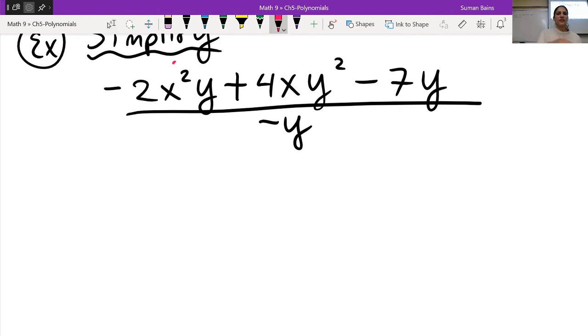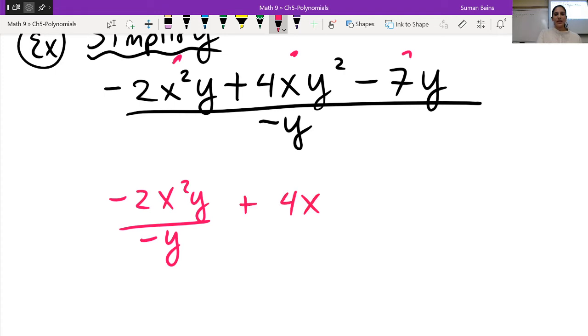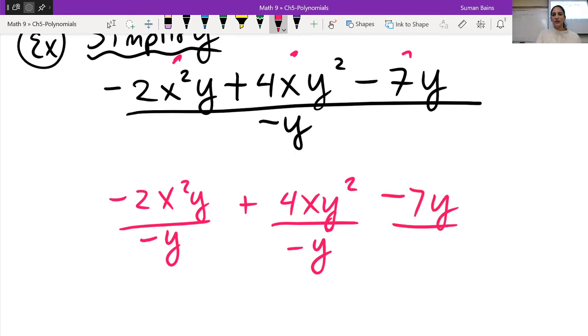So these three terms, we can rewrite it to say negative 2x squared y over negative y plus 4xy squared over negative y minus 7y over negative y. So we are allowed to do this as long as we rewrite that negative y under each term. So that's the rule.